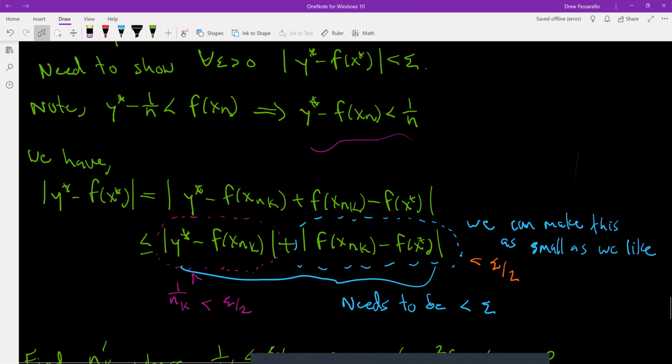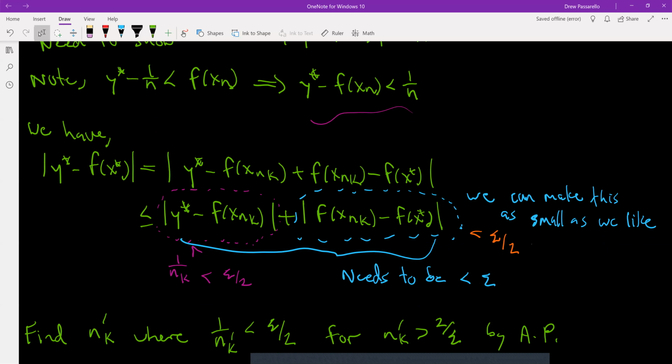And so when you take the absolute value of y star minus f of x star, you add 0 in the form of minus f of x_nk plus f of x_nk. Then apply the triangle inequality so that you have the absolute value of y star minus f of x_nk plus the absolute value of f of x_nk minus f of x star.